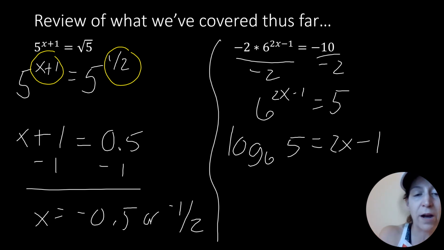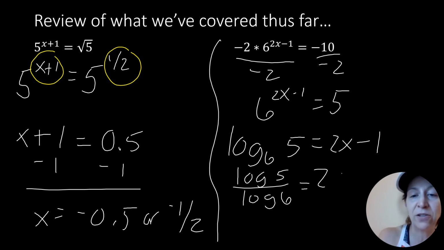Or if you are not using Desmos, which I'm not at the moment because I'm stuck in a PowerPoint, we can use the change of base formula, which would give us what I call the log of the attic over the log of the basement. And then I need to grab my calculator and put that in. So clear that.